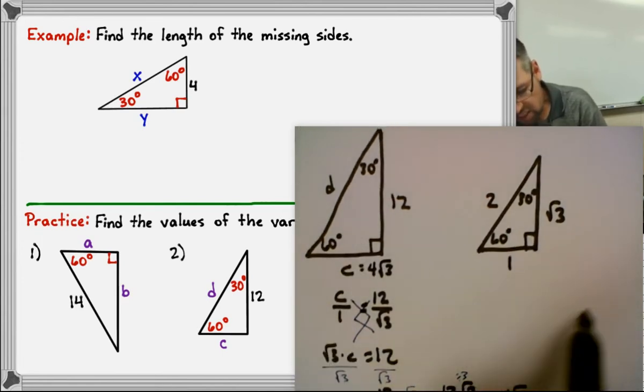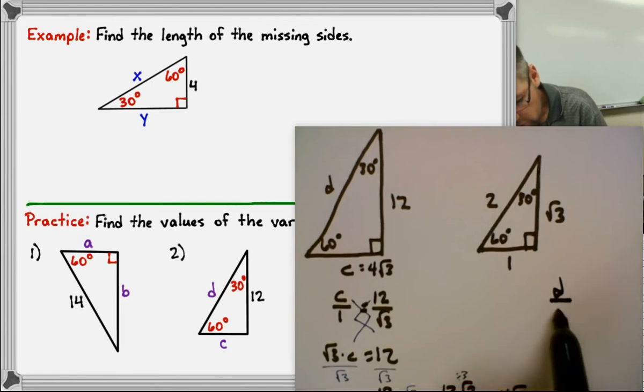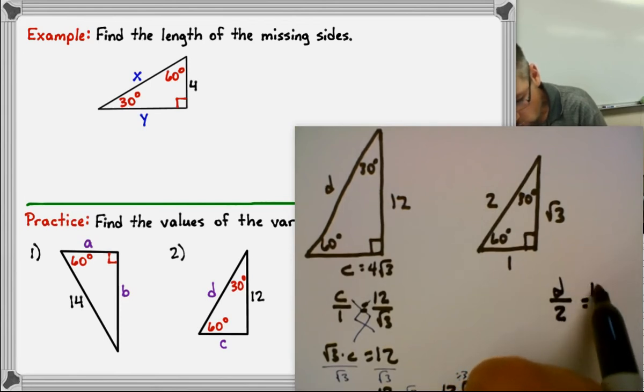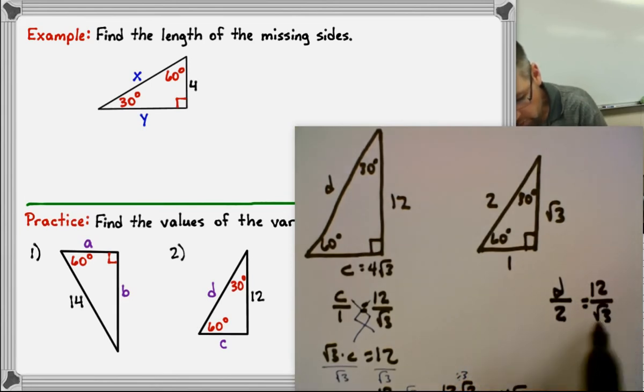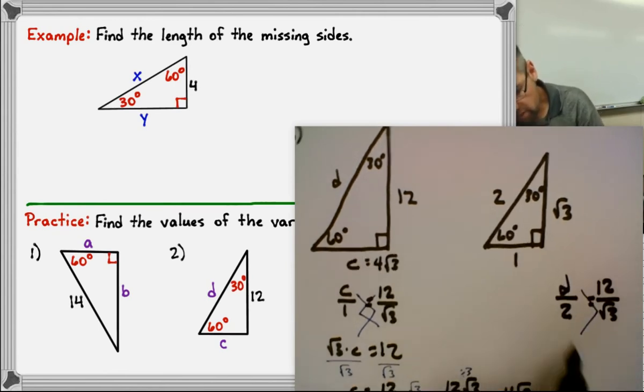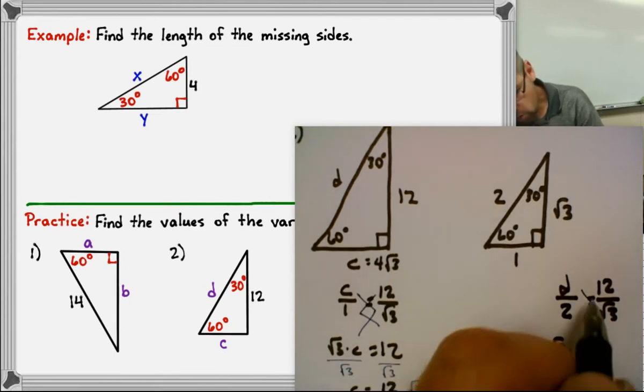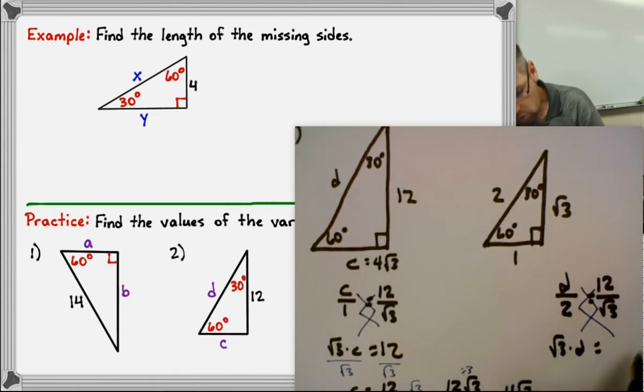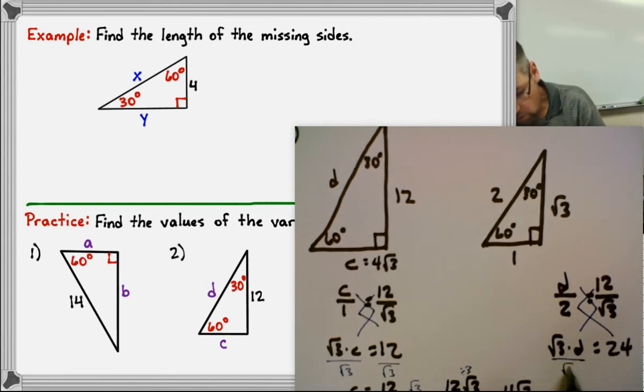Okay, for D, we're going to say D over 2 equals 12 over radical 3. Cross multiply, we end up with radical 3 times D equals 12 times 2, which is 24. And then we're going to go ahead and divide by the square root of 3.